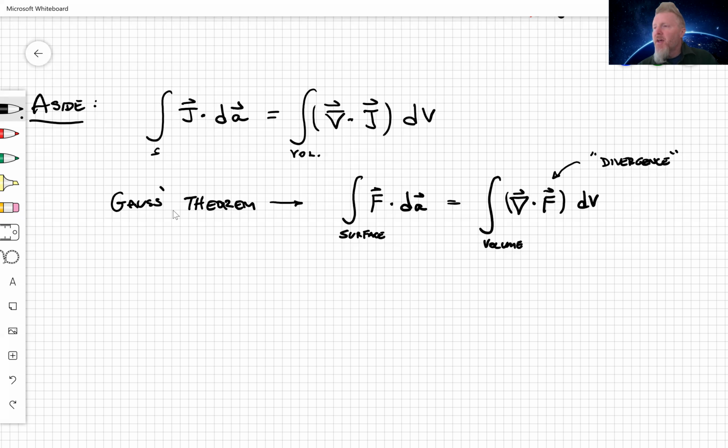In that case, I must have started with a charge right in the middle, say plus Q, and it's radiating charge away in a J sense. This thing is getting less because it's pushing charge away.